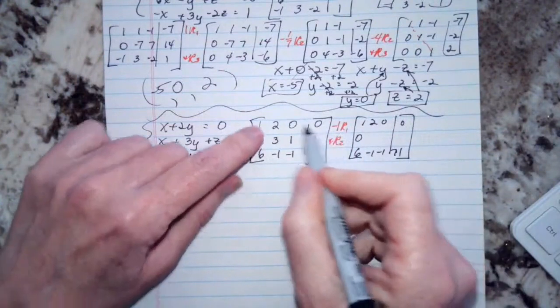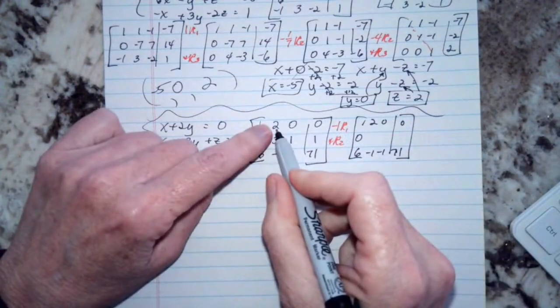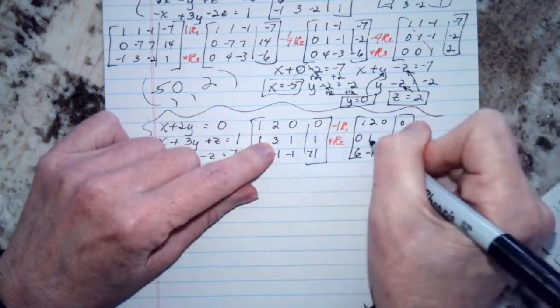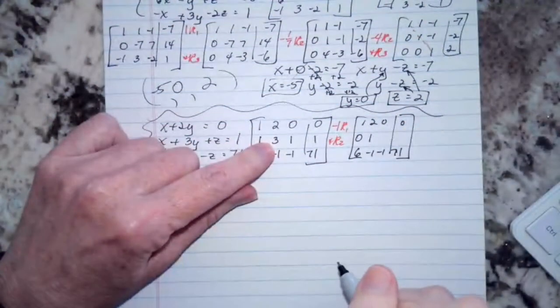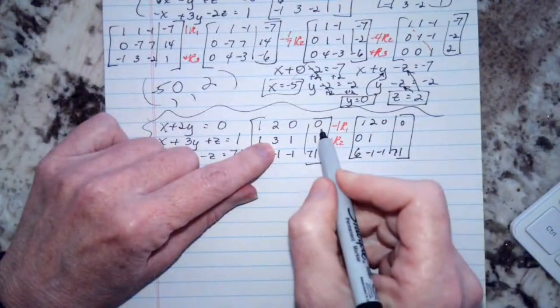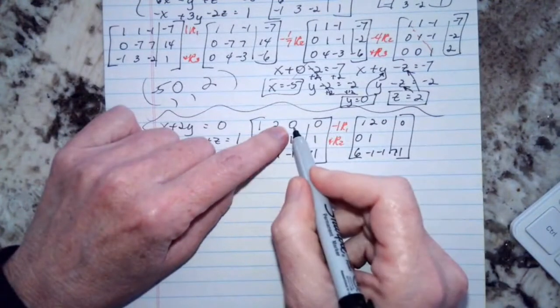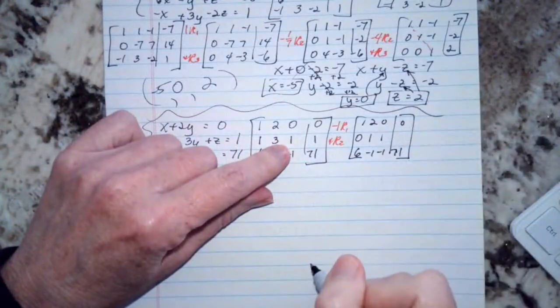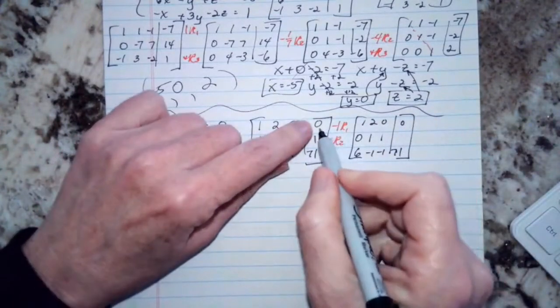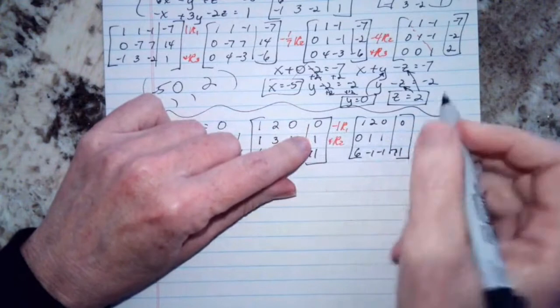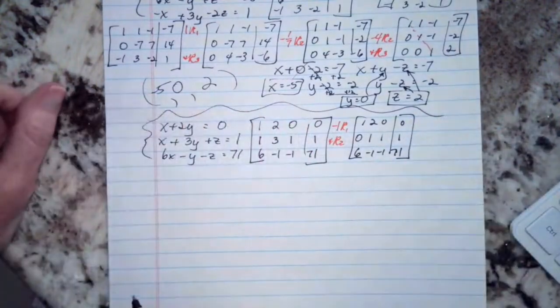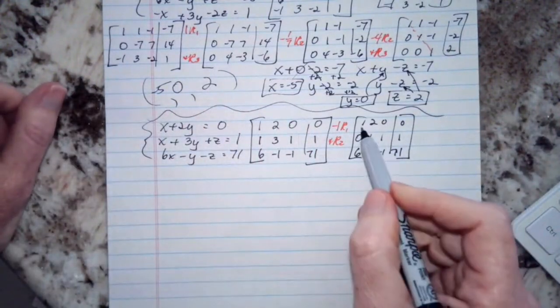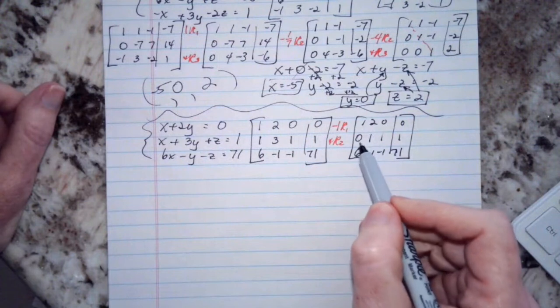Continue on. Negative 1 times 2 gives us negative 2. Negative 2 and 3 is a 1. Then negative 1 times 0 is 0. 0 plus 1 is 1. Negative 1 times 0 is 0, and 0 plus 1 is 1. So we've got a 1 there and a 0 there.